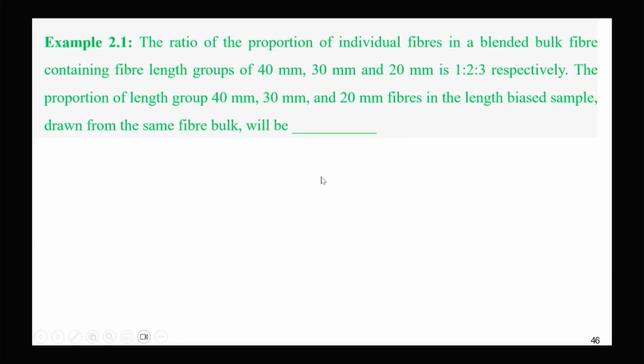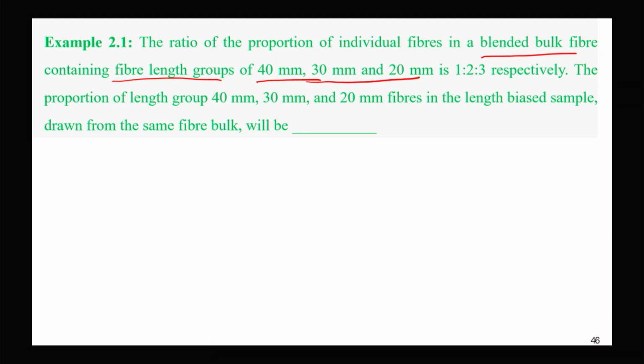Now let us see one numerical based on the random length bias sampling. The ratio of the proportion of individual fiber in a blended bulk fiber containing 40 millimeter, 30 millimeter and 20 millimeter fibers.